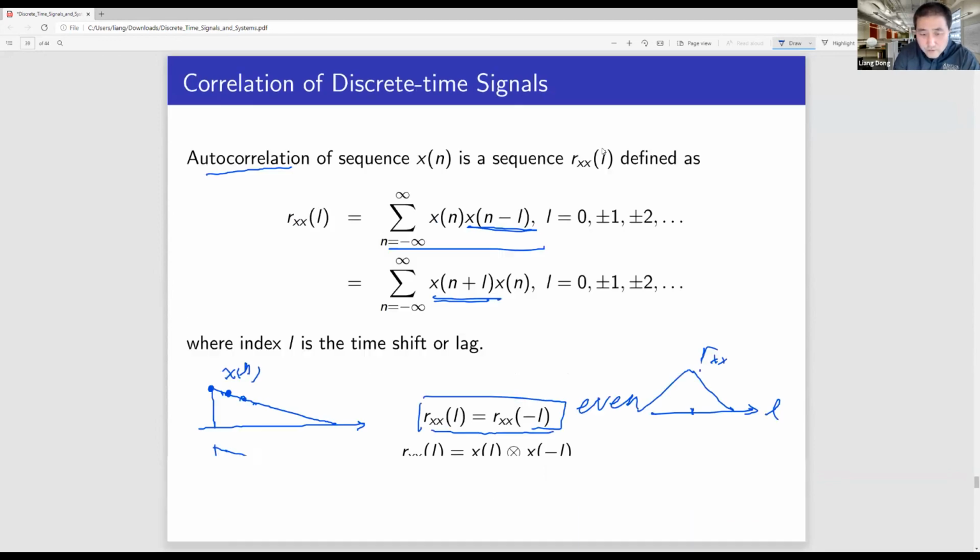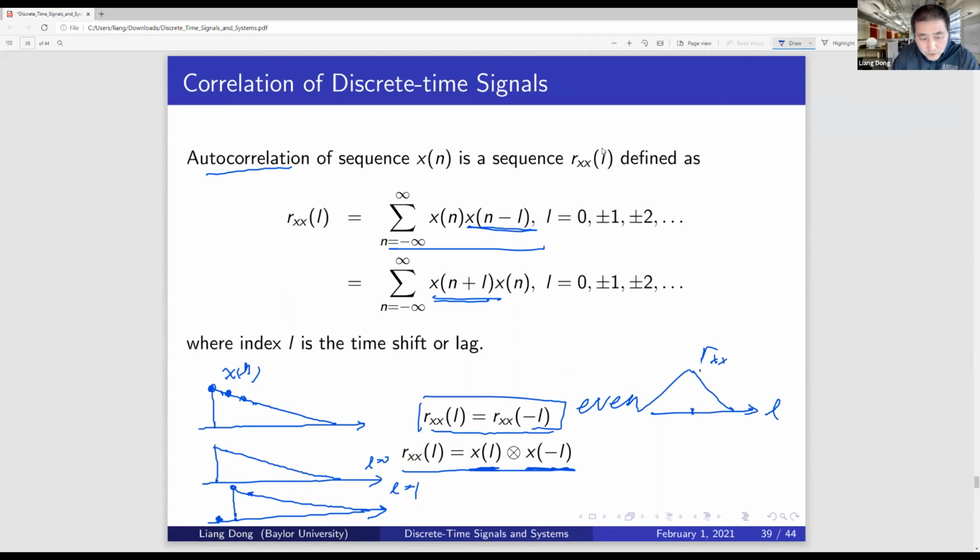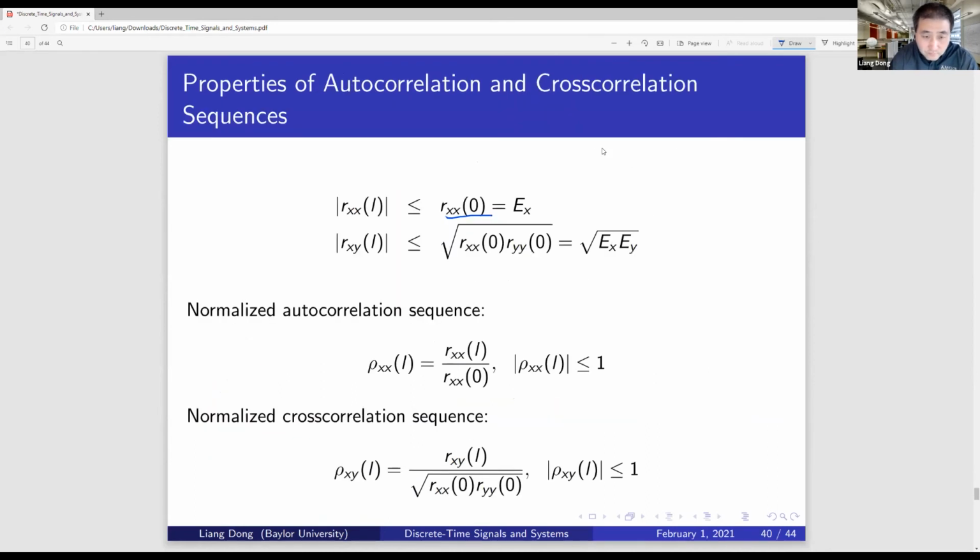From the previous picture, you take this point multiplied by this point, and you have instantaneous power, and this point multiplied by this gives instantaneous power, and you add everything together to get the energy of the signal. That's the maximum you can get. If you're off a little bit, it will always give you a smaller number. So the autocorrelation will always be less than or equal to the energy of the signal, which is its value at lag L equals 0.